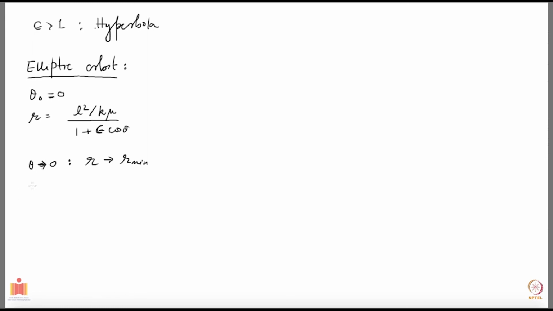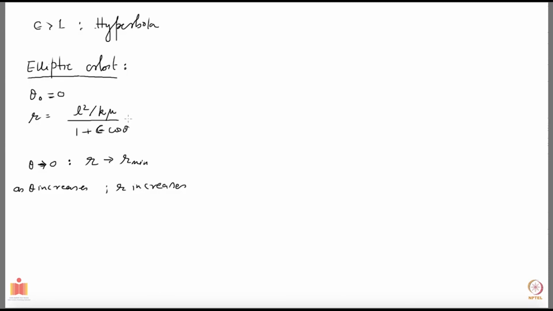And as theta increases, your R increases, right? Because when your theta is increasing, this thing is going down, so R is going up. That's what is happening.